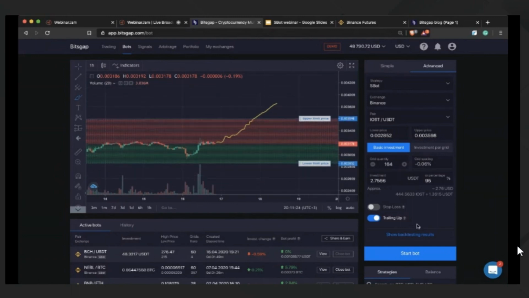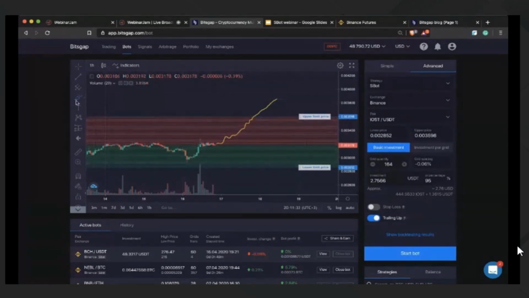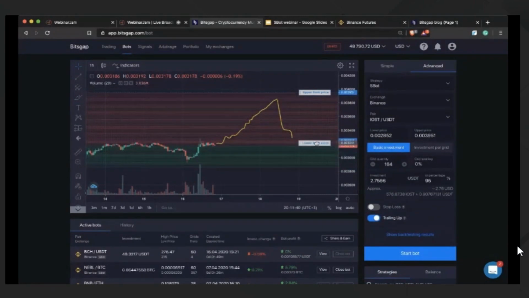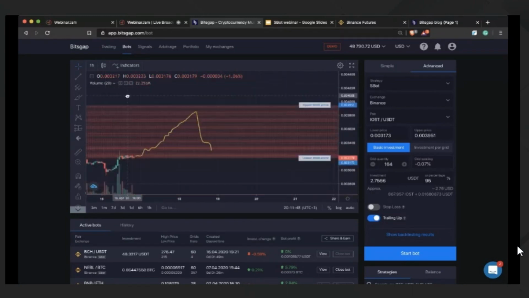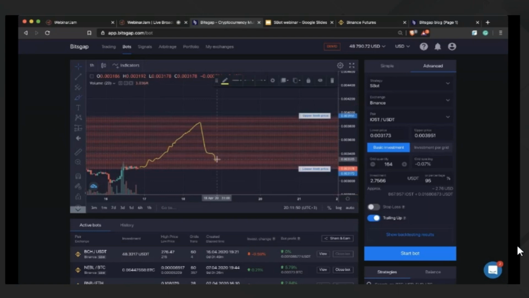And the perfect thing implied in the trading up function is that if the price, instead of going upwards, goes downwards, your trading range is not going to follow the downward pressure. It will stay above. So let's say it goes like this again.